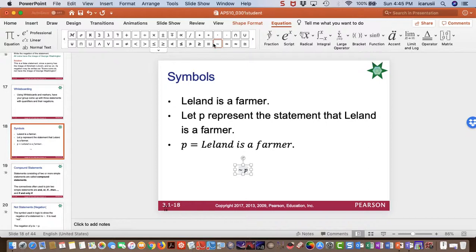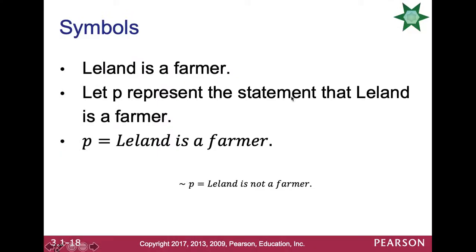Tilde P equals Leland is not a farmer. So by writing negation P, that's the little tilde here, I can say Leland is not a farmer. So I can basically negate a statement without having to write the entire thing.